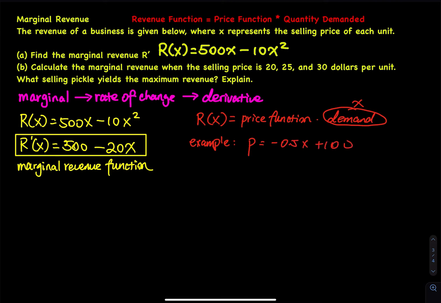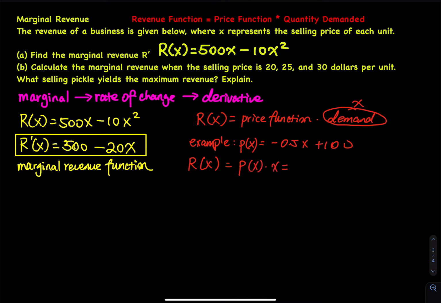Just a price function. And then what's the revenue function? For the revenue function, R of X, you have to take the price function. Instead of using a P, you can call this P of X, lowercase p. We need to reserve the big P for the profit function. So P of X times X.